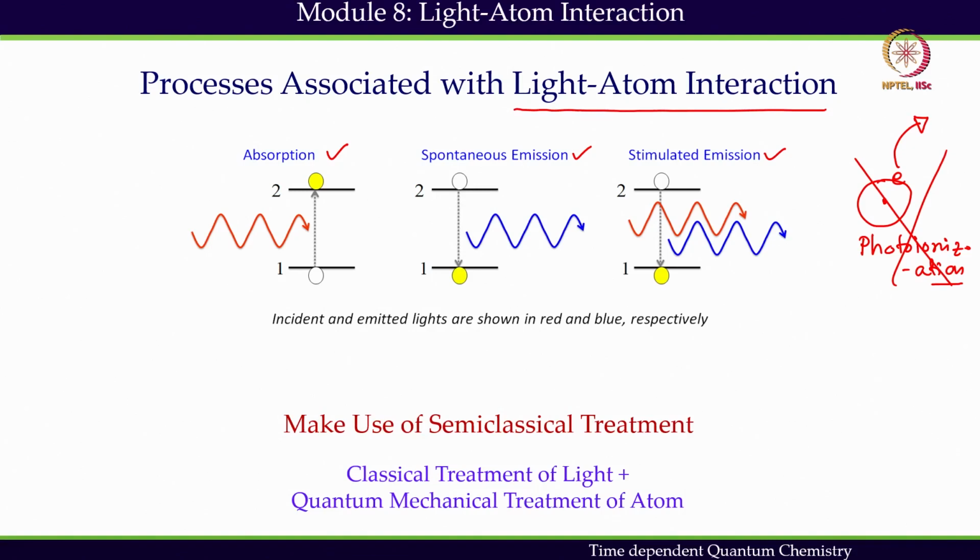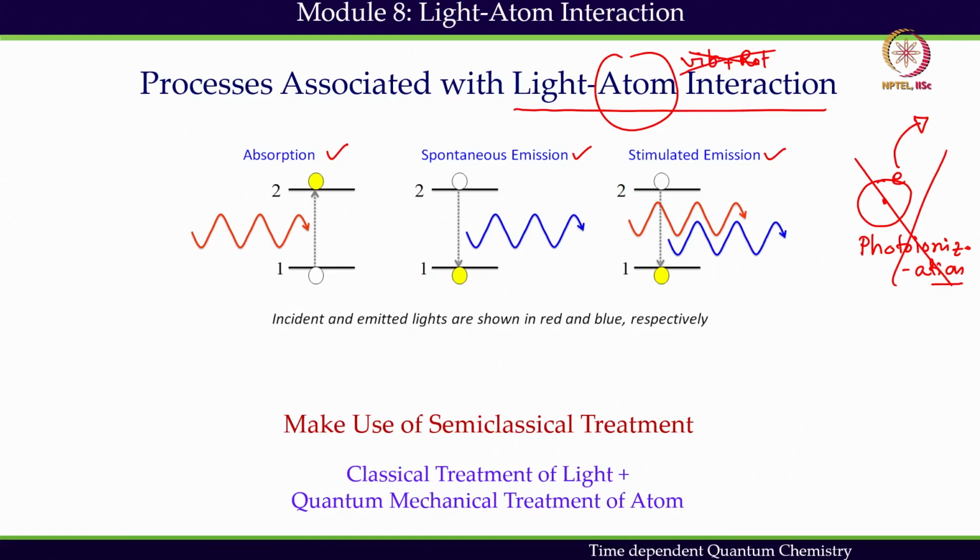These 3 processes, absorption, spontaneous emission and stimulated emission, involve electronic transition between 2 states. Particularly electronic transition for atom, because for atom we do not have vibration, we do not have rotation, and that is why it is only electronic transition it can undergo.